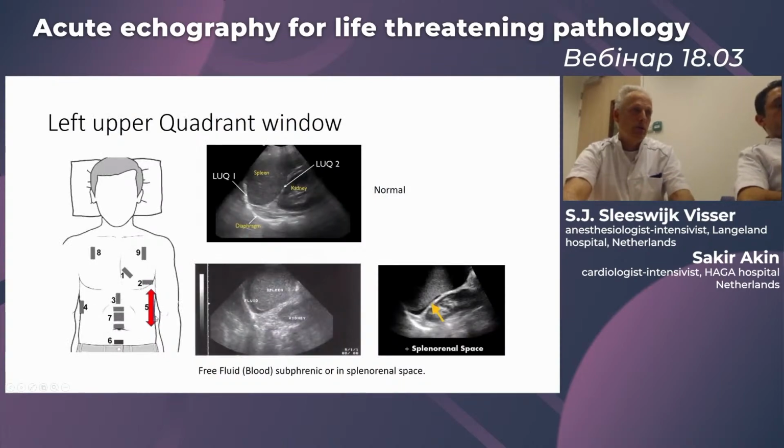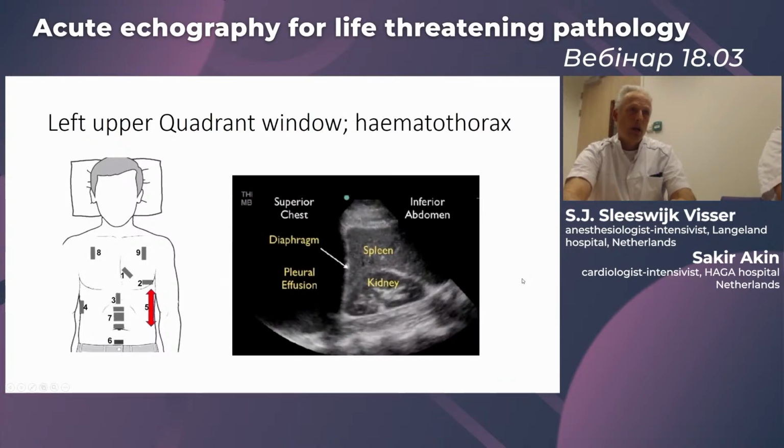Yeah, on the left side, you have the same story actually. Again, you go really low, nearly on the bed, and you move the probe in the craniocaudal direction, and you will see the same, but then with the spleen, you might see subphrenic fluid, or you might see fluid in the splenorenal space, or of course a hematothorax. This is the hematothorax on the left side.